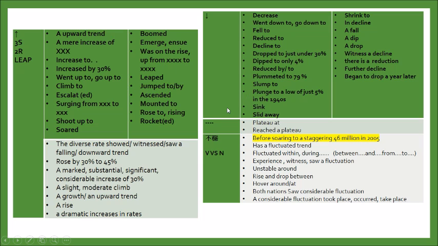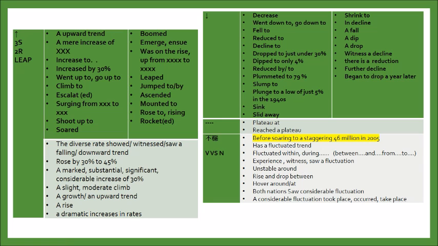However, if you describe something really unstable, you may say like, before soaring to a staggering 46 million in 2005, the rate of something has fluctuated. You may also say that it is unstable around something and so on.